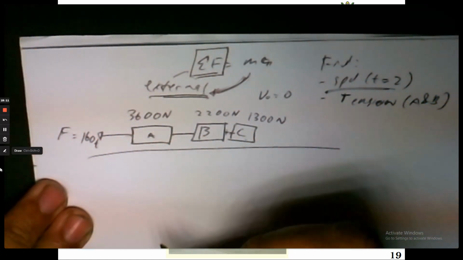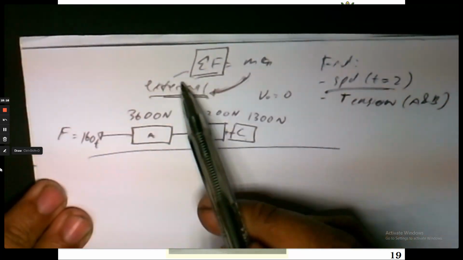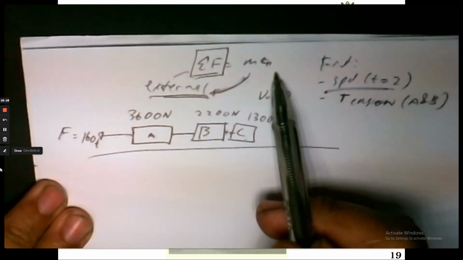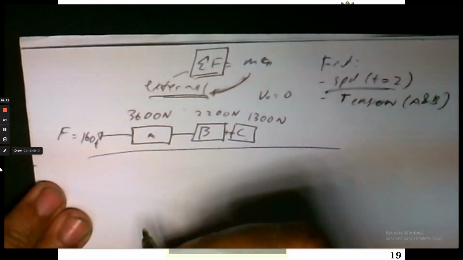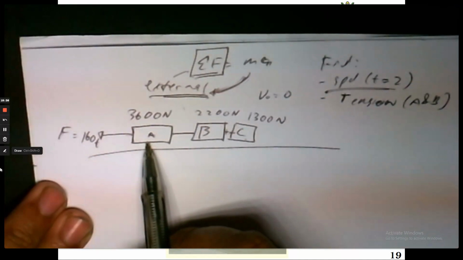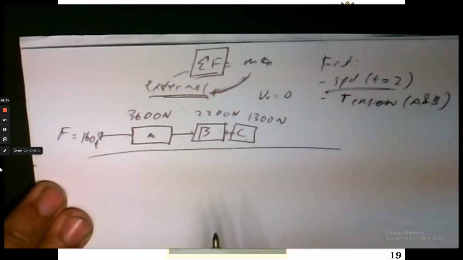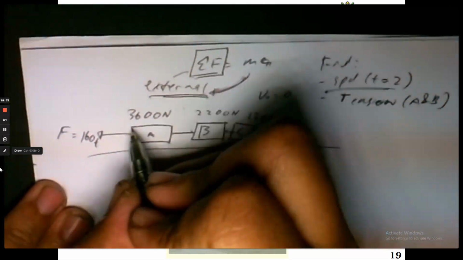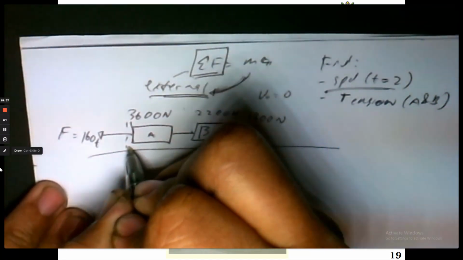What I mean by that is, because of this equation, sum of force equals ma, and F has to be an external force. If I'm just looking at A as the whole system, the tension here would be the external force. Let me draw the boundary.